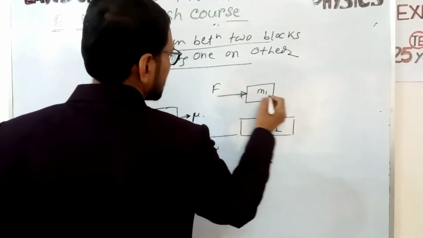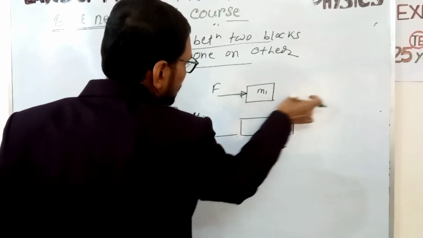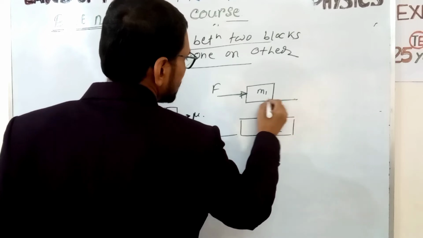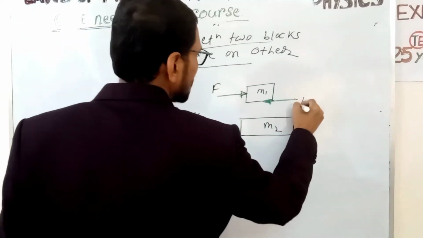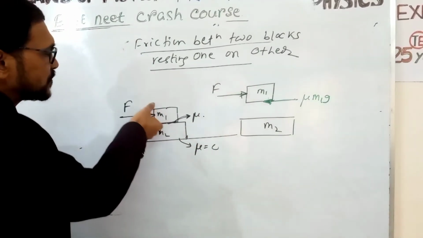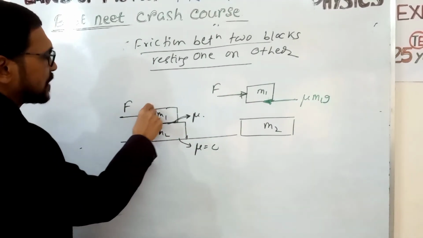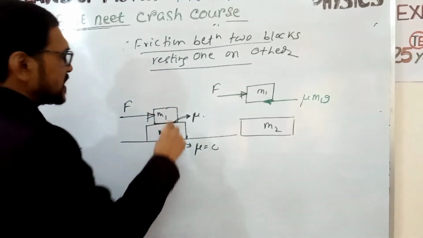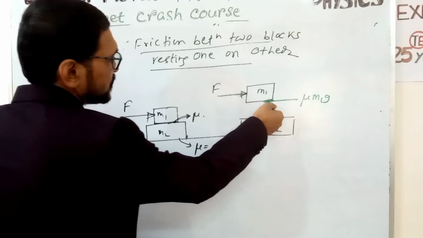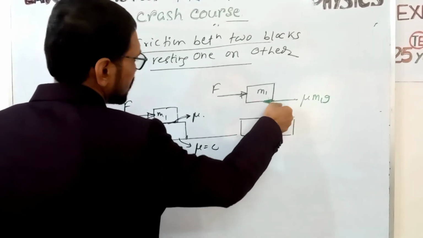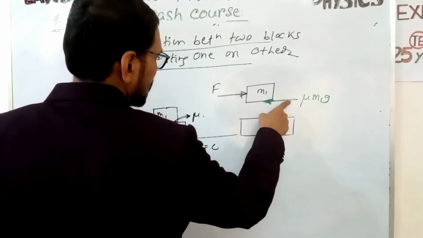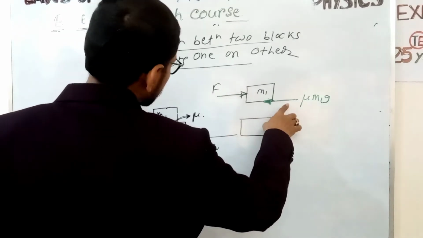So here if the block tries to move over this surface, then friction opposes its motion. So friction acts in this direction, which is equal to mu m1g. Okay, simple case. Just think practically. If the force F is applied on the block, then this block tries to move over this surface. So obviously friction always opposes the motion of the body.